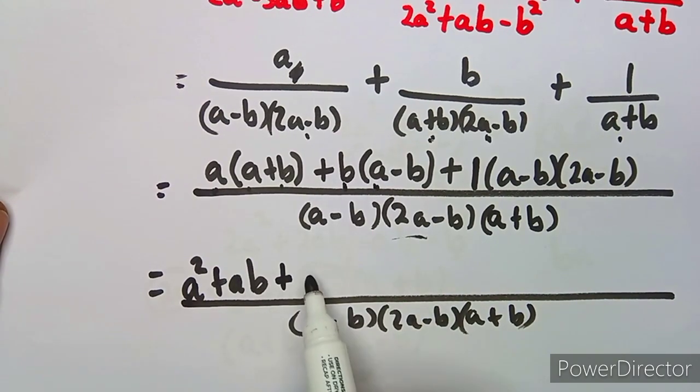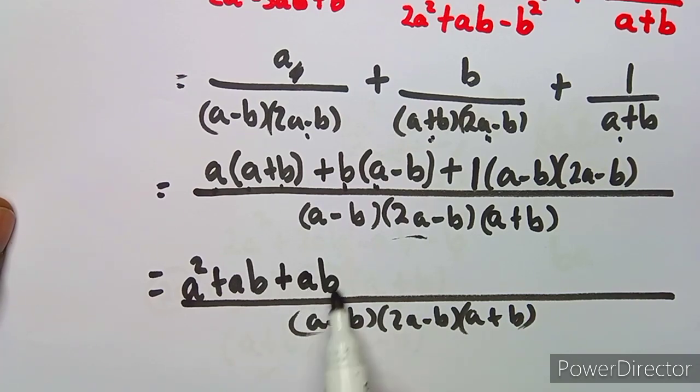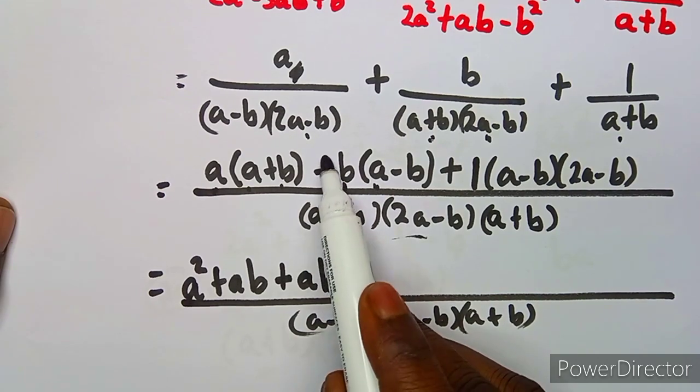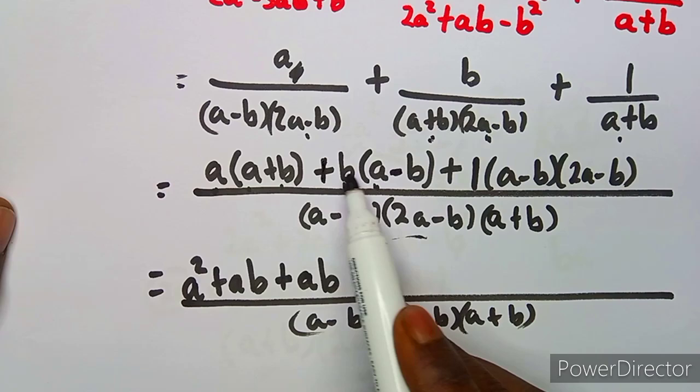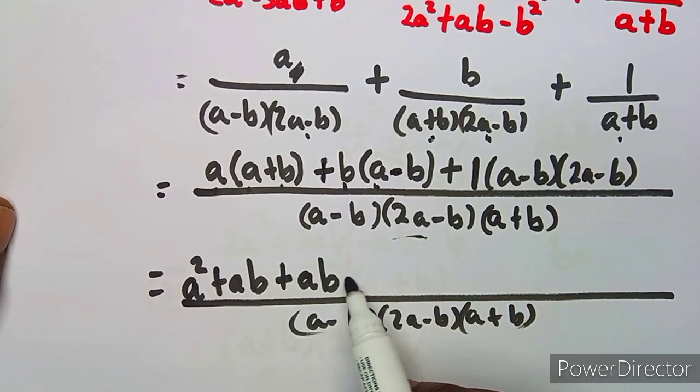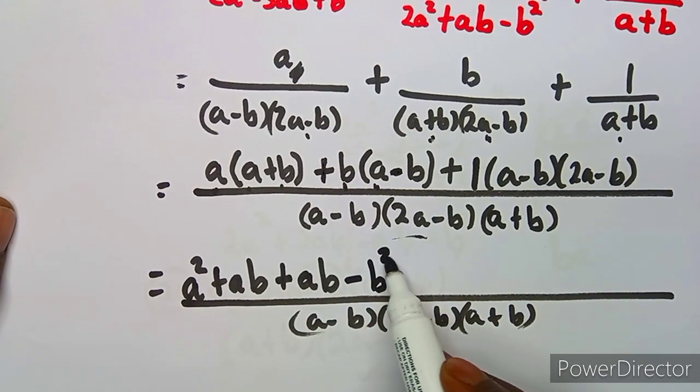So b times a is ab, so that we don't confuse ourselves now when we are collecting like terms. All right, it's one and the same thing, but write in a way that you don't confuse yourself. All right, plus b times minus b, so it's plus and minus, which is minus b squared. Take note, it's b and b, it's b squared.